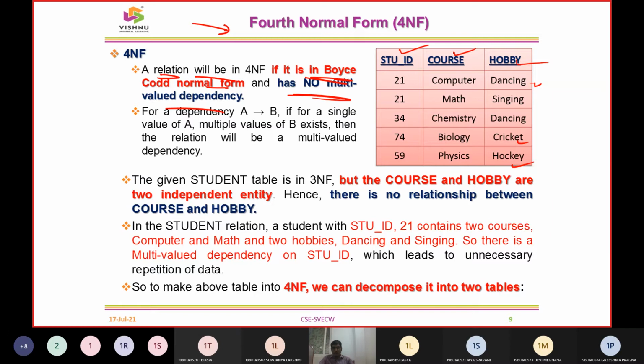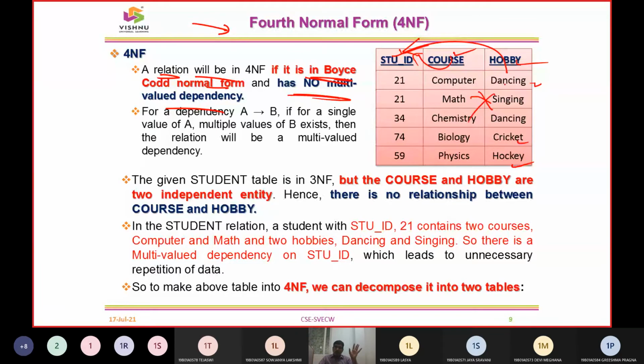A student can have a hobby, and a student can choose a course. But is there any relationship between course and hobby?